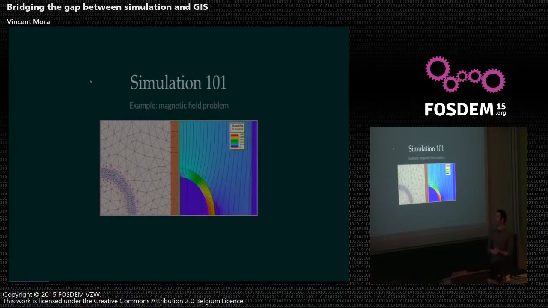The first step would be to partition the space into a grid, a triangulation. In each piece of the space, you can then execute a simpler problem. On the right, you can then compute and visualize the results of this continuous field, which is here a magnetic field.